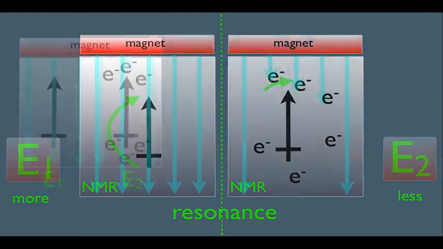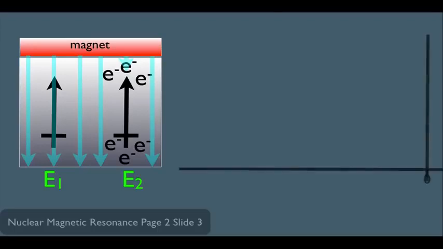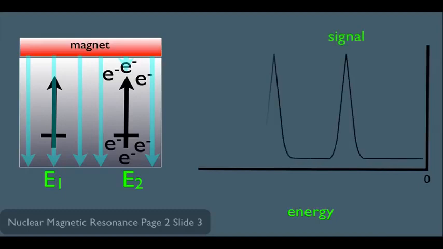Well, let's see what the NMR would deliver as its data for what we have in front of us here. What it would do is spit out this chart that looks like this, and let's pretend on the x-axis is energy. And if we put each one of these H atoms in the NMR, this is the data that it would report. We would simply see two signals, sometimes called peaks.